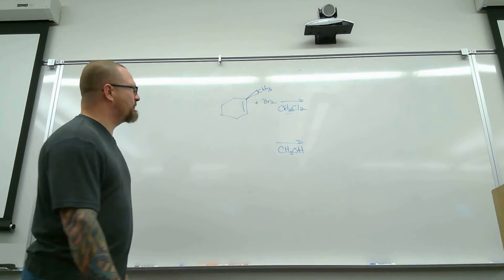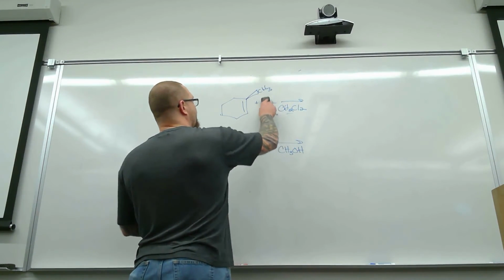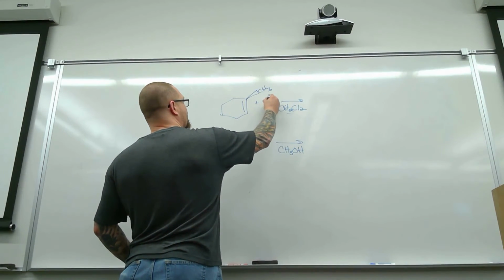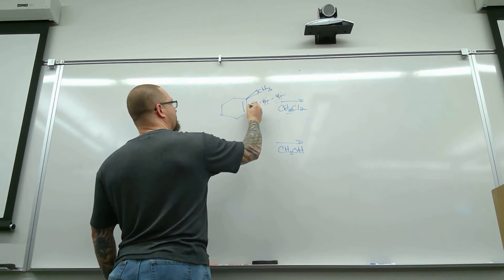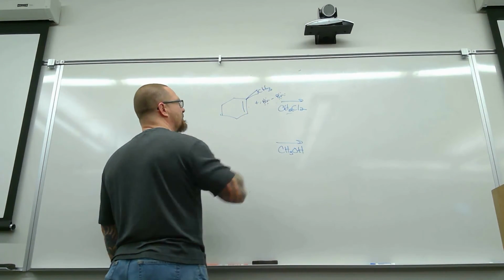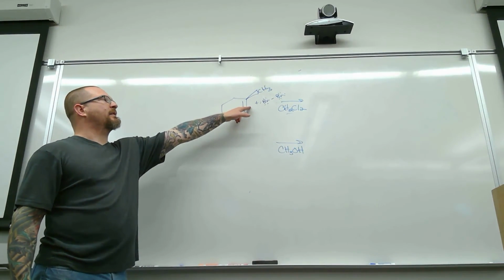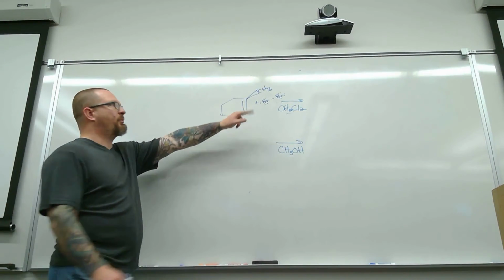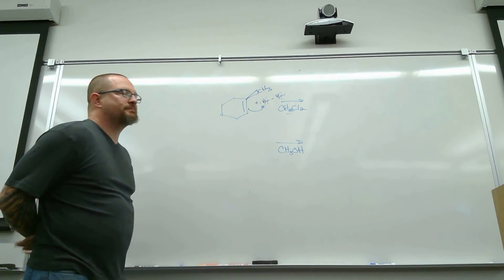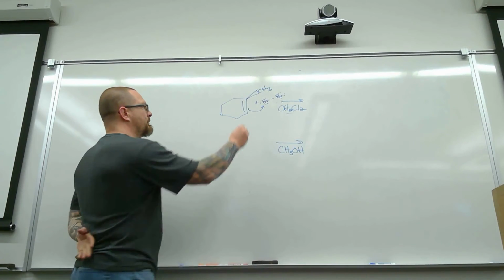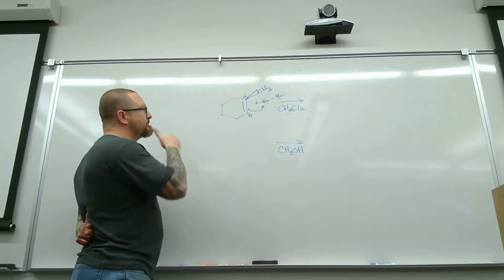Okay, so let's go ahead and rationalize this first one. Where does the first attack come from? The double bond. Where does the second part of the concerted attack go? To A. Why to A?